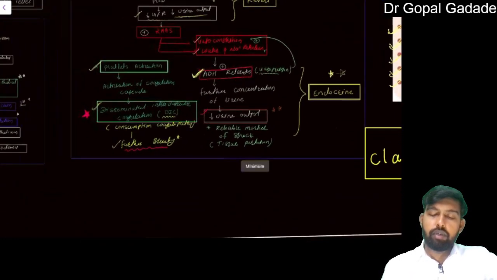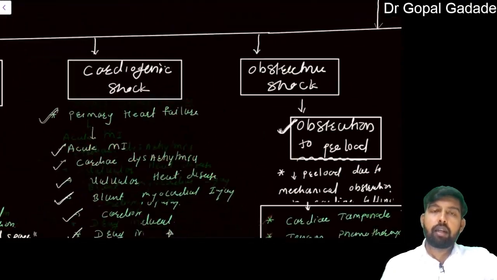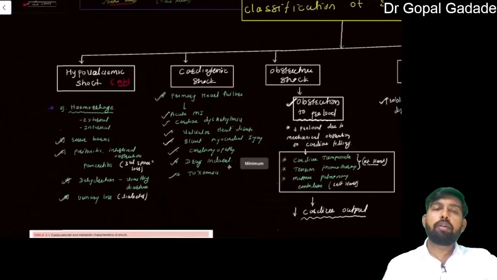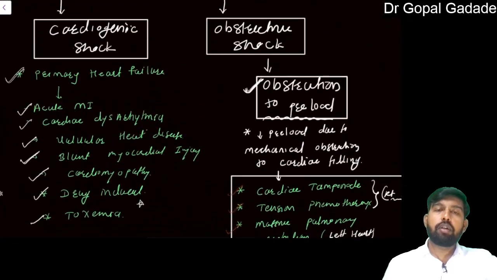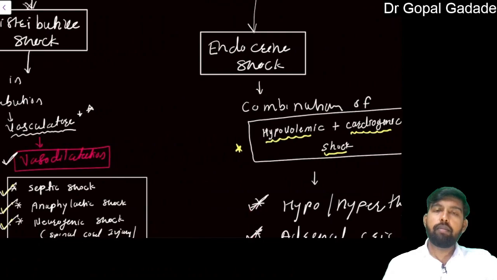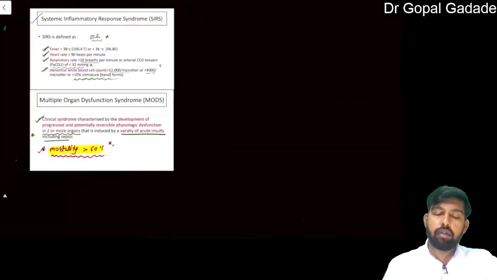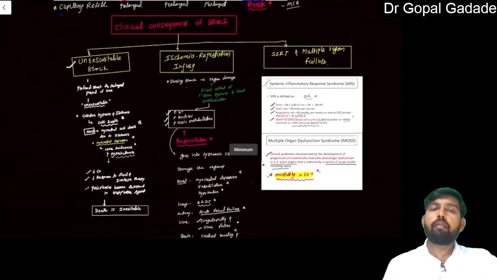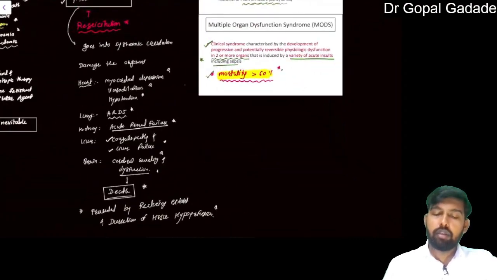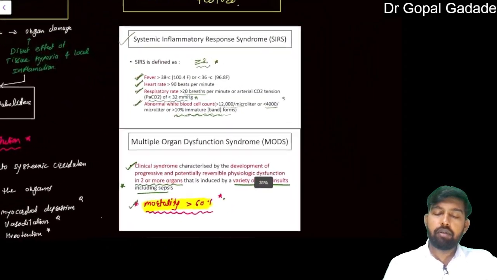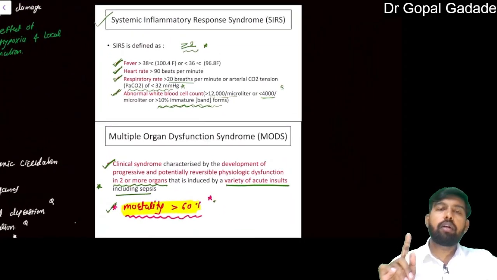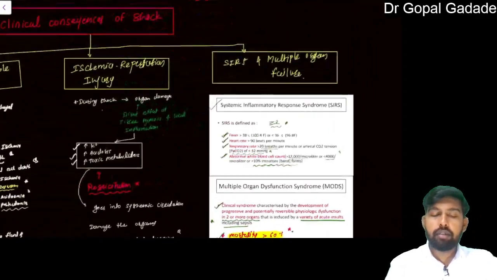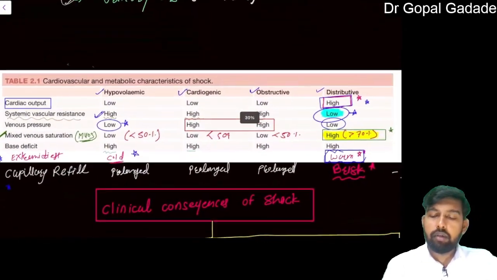We have seen the different types of shock: hypovolemic shock, cardiogenic shock, obstructive shock, distributive shock, and endocrine shock. And we have seen the consequences of shock, the systemic inflammatory response syndrome and the multiple organ dysfunction syndrome, and the different characteristics of these shocks.